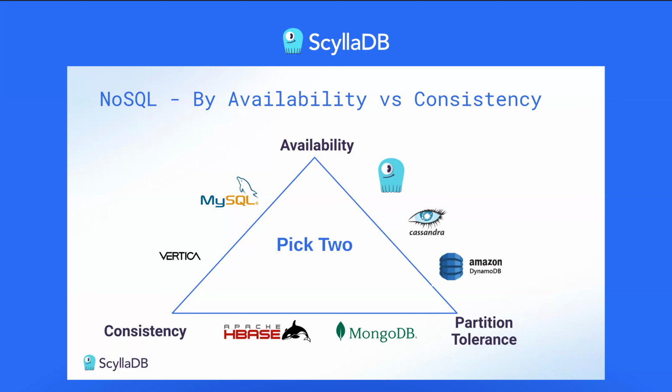In the case of ScyllaDB, the answer is yes to both. So we are on the right side, the availability and partition tolerance side of this chart, as opposed to being consistent. That's the idea with this categorization, that you have to choose two of these three factors.